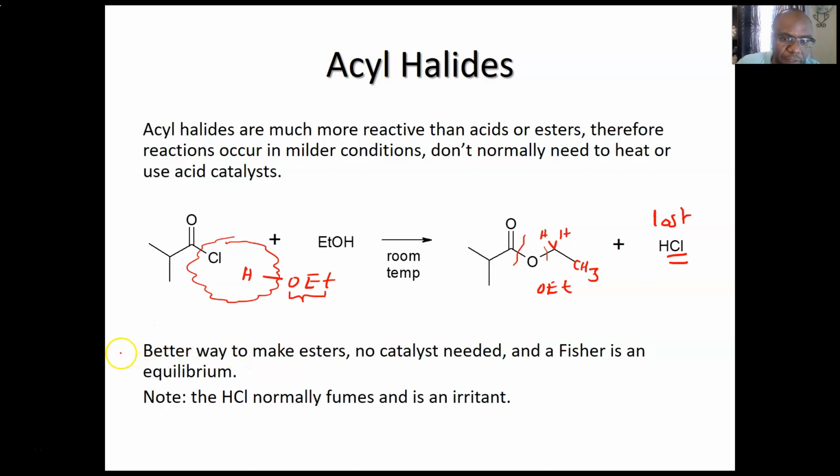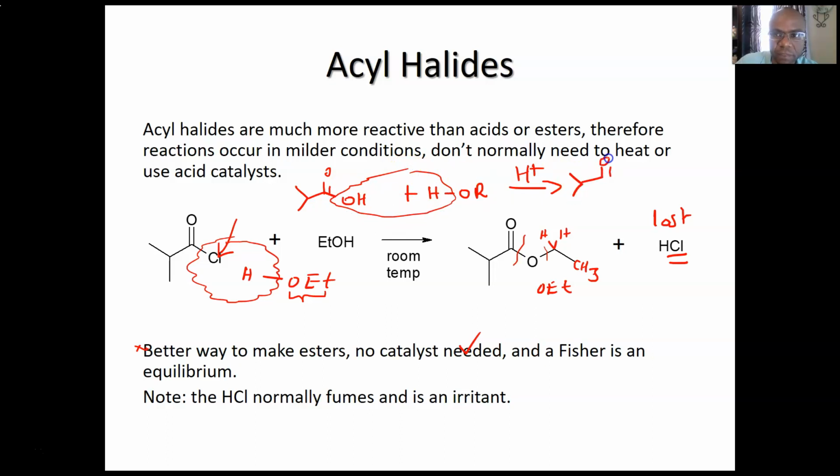This is a better way to make esters. No catalyst is needed because Cl is a very good leaving group, and in fact there's no equilibrium. It's one way. Remember how we made esters before? An R group with a carboxylic acid is reacted with an alcohol in the presence of an acid catalyst, right? So that's how we made our ester in the last class.